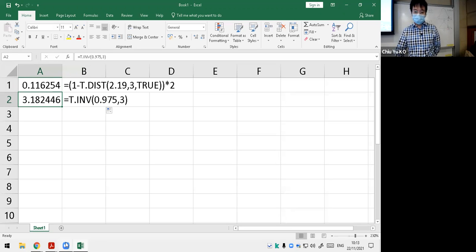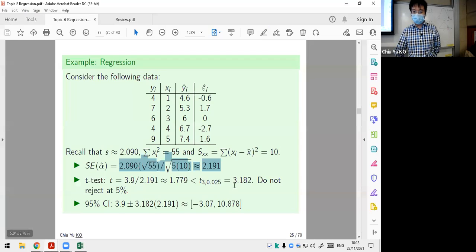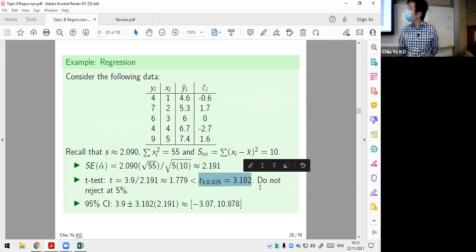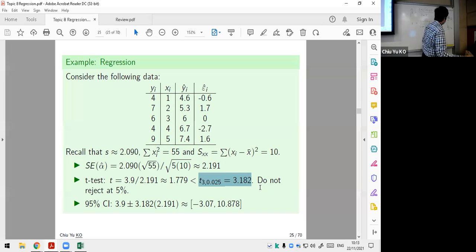That is how you get this one, 3.182. So this one is bigger than this value, 1.77. Oh, it's 1.79, sorry, not 2.9.